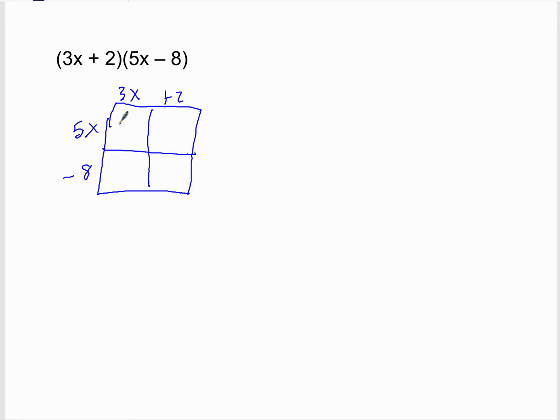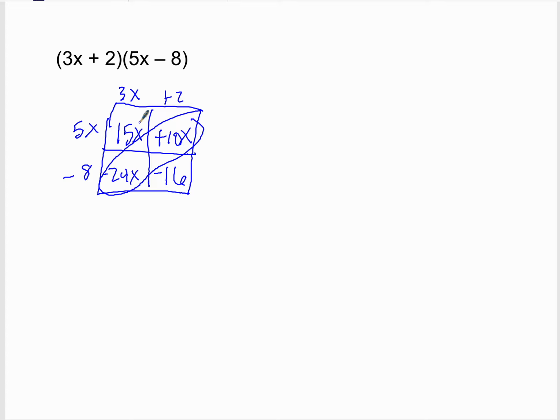5x times 3x is 15x squared. And then 5x times 2 is a plus 10x. And then 3x times a negative 8 would be minus 24x. And then a negative 8 times a plus 2 would be minus 16. And then it was these two terms here that simplified.